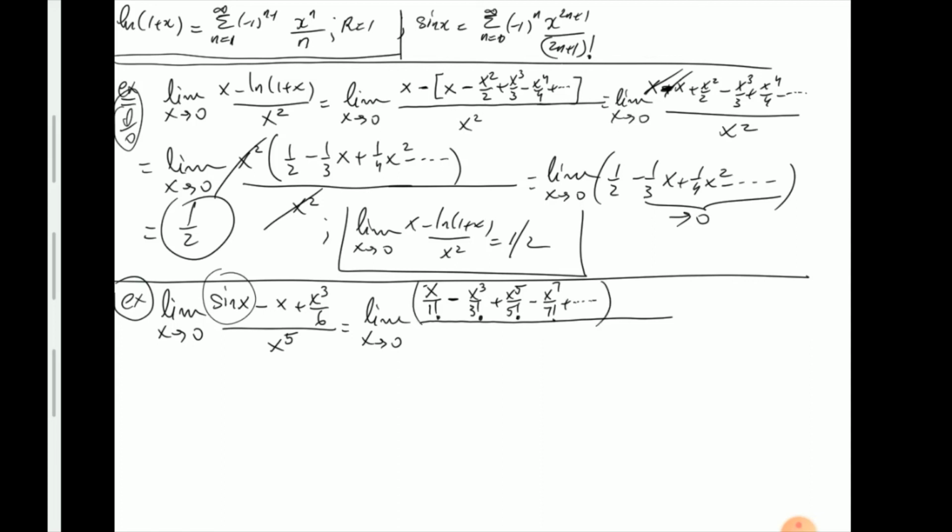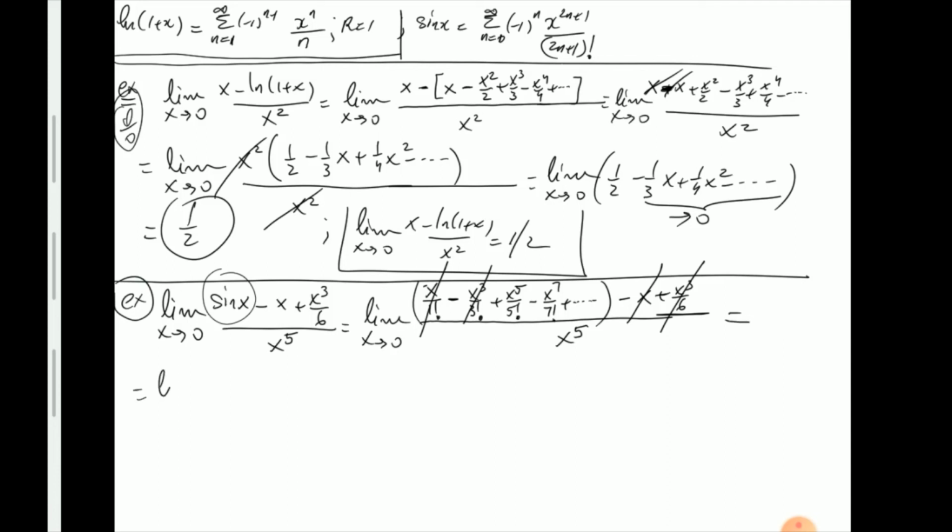That's the series. And then it is going to be minus x plus x third over 6, divided by x to the fifth. Now notice again, x cancels with minus x. 6 is nothing but 3 factorial. So plus this goes with minus x third over 3 factorial.